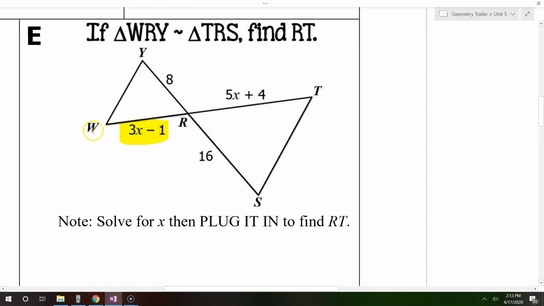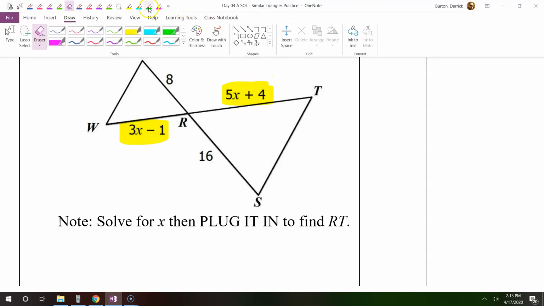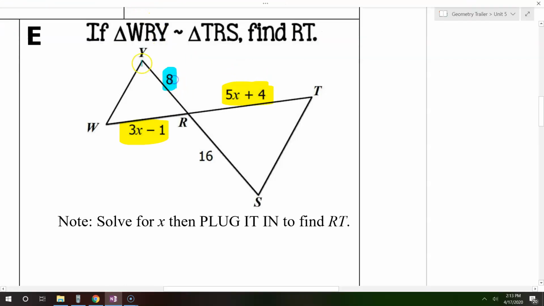So 3x minus 1, that's WR. So here's W and R. That's going to correspond to TR. And here's TR. Okay, 8, that's YR. So that's going to correspond with RS, and here's RS.